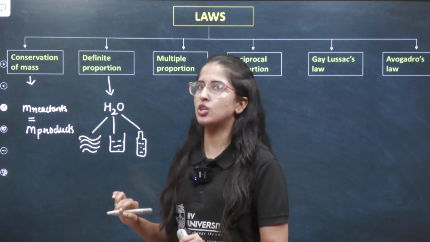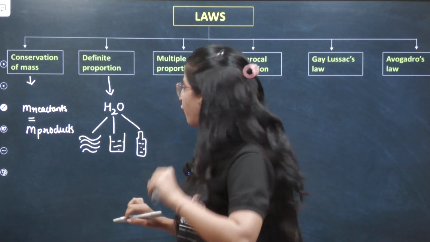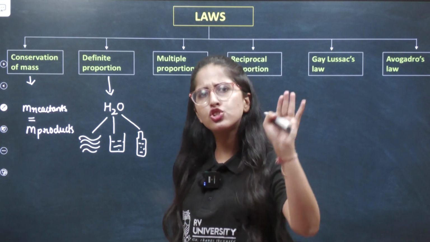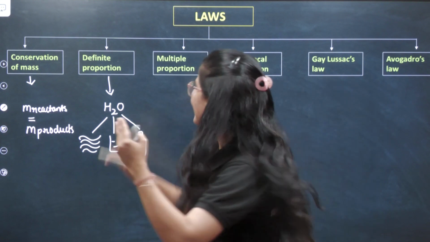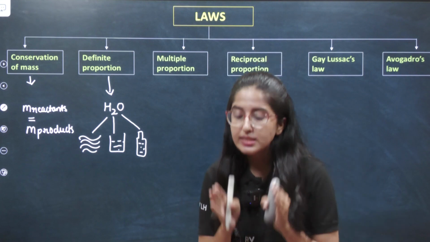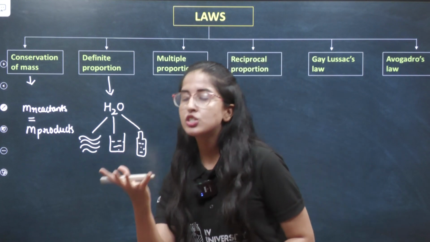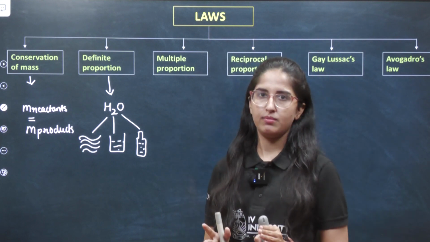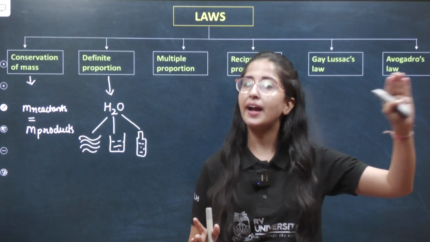Now if I ask you, what is the molecular formula of water in all these 3 cases? It will be H2O only, correct? So that is itself the law of definite proportion. The law says that the constituent of any compound will be the same irrespective of where you find it.